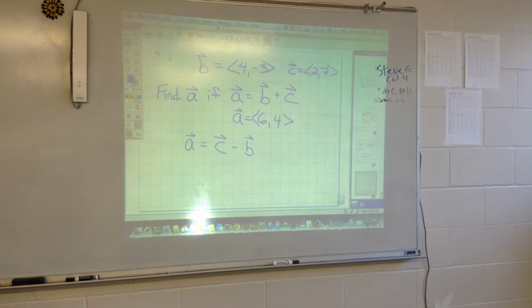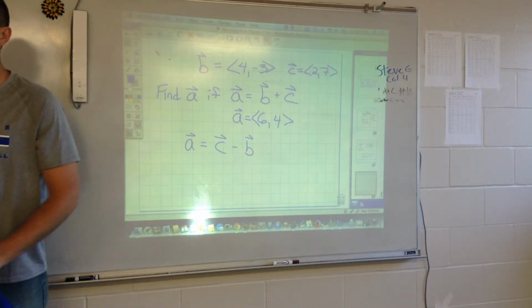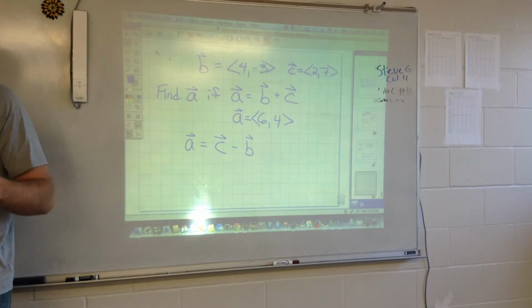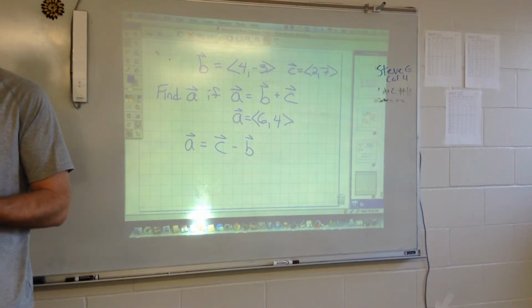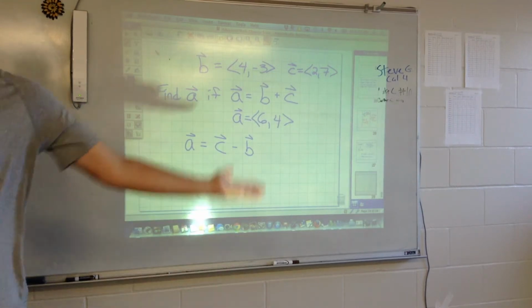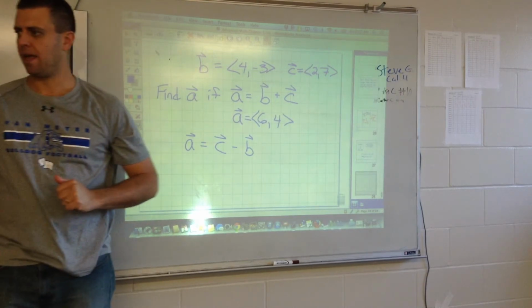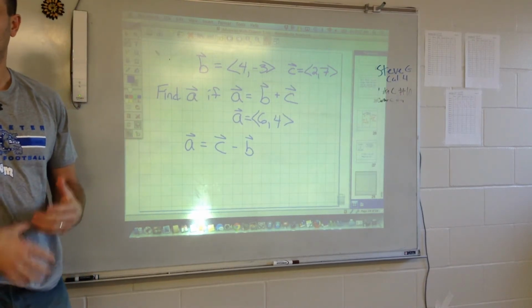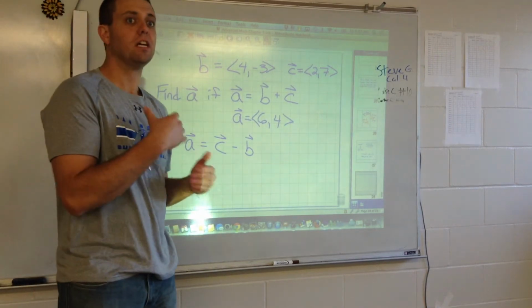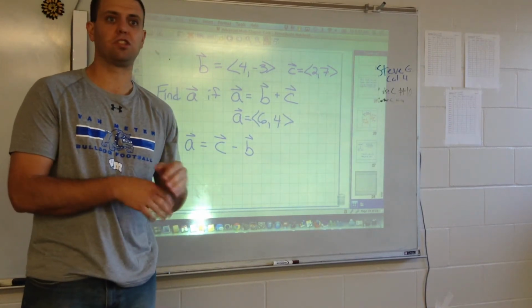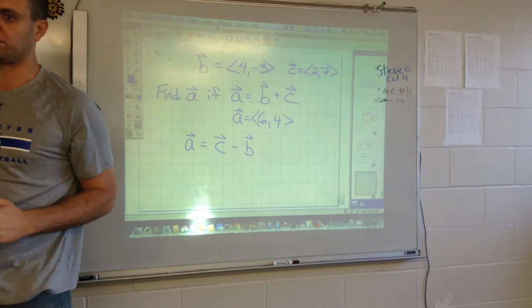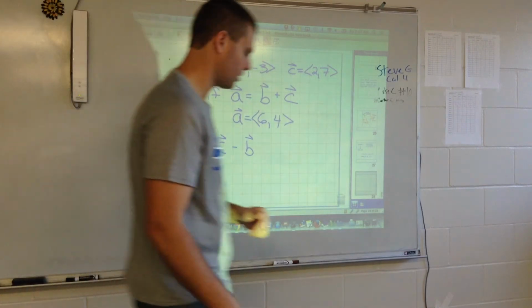That's all that it is. You're just adding the opposite of it. And by opposite, it just means a complete 180 direction-wise. An opposite force or an opposite vector is exactly the same force, just a complete 180-degree difference as far as direction is concerned.